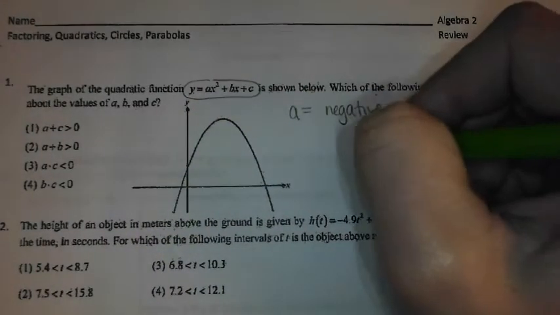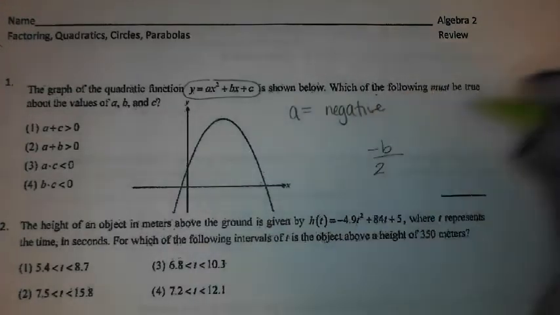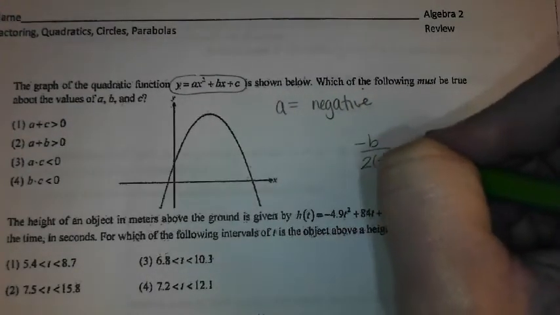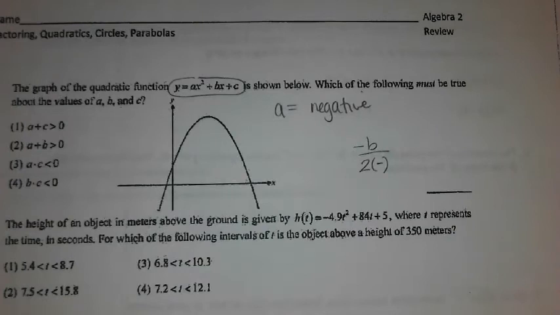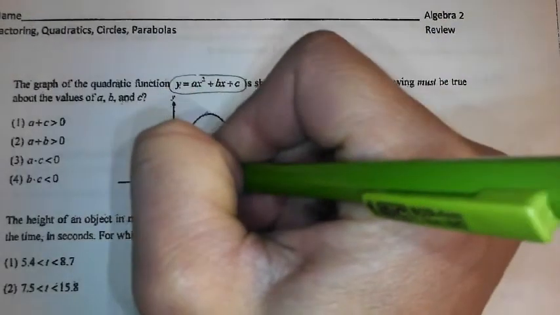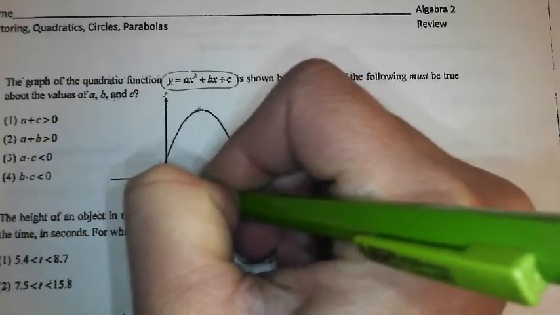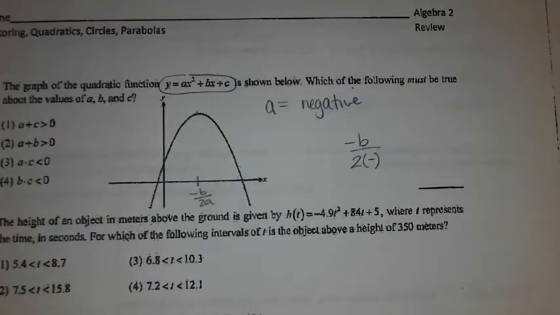And so if I do that quickly, negative B over 2, and I know that A is a negative number, right? 2 times a negative number. What do you know about negative B over 2A? Should that full quantity be positive or negative? Positive, because it gives you the x-coordinate of your vertex. Negative B over 2A should be a positive number.